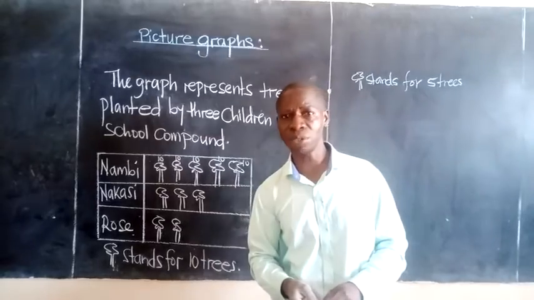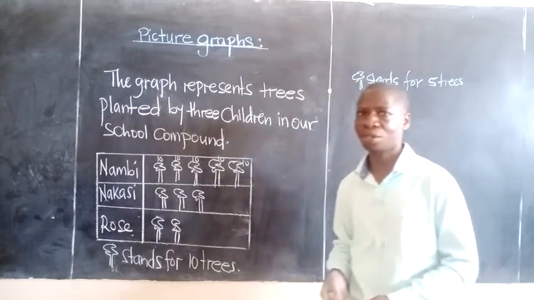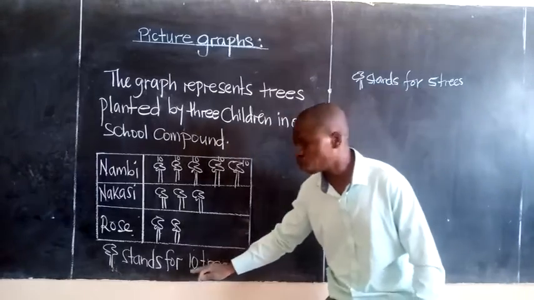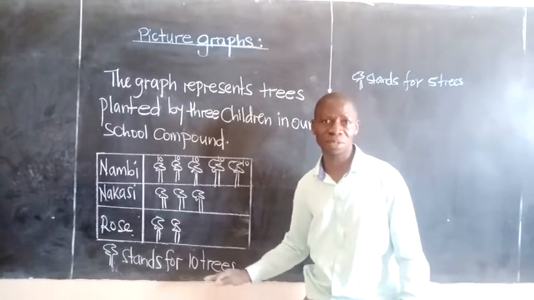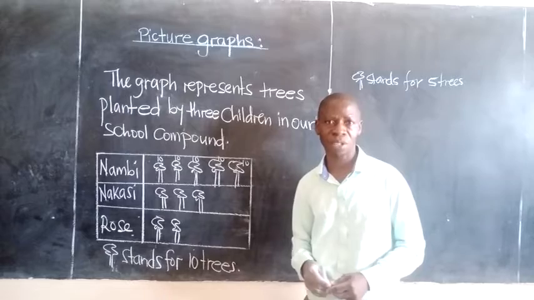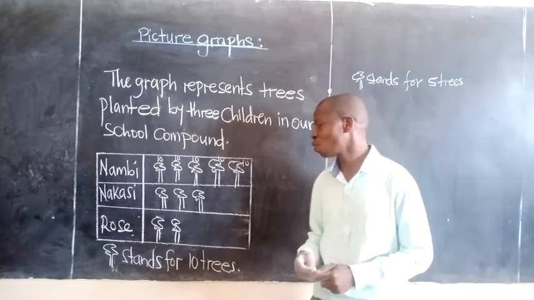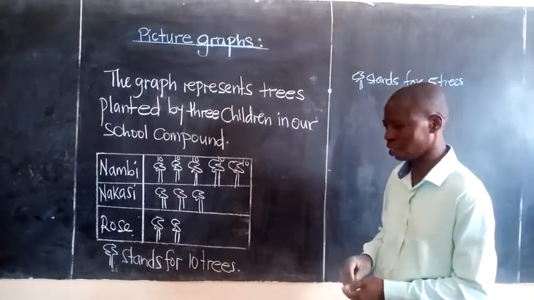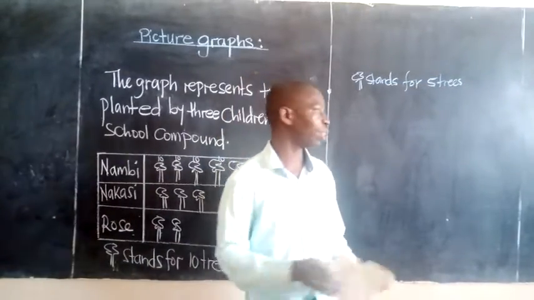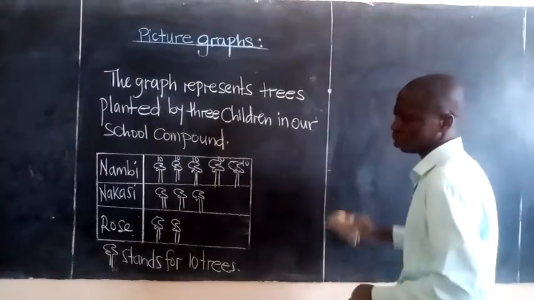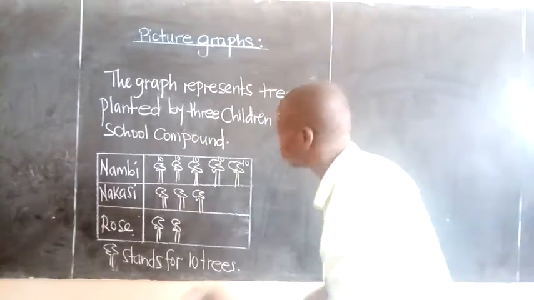So the scale varies. It changes depending on the examiner, on what they set. You get it? So you must take special note of that. Having looked at the graph and interpreted everything, then you begin to answer the questions.